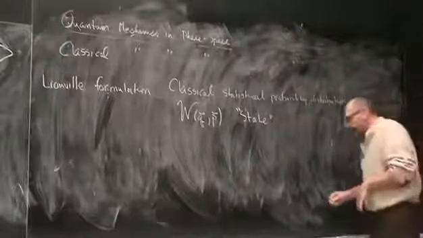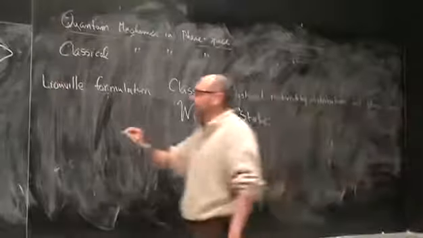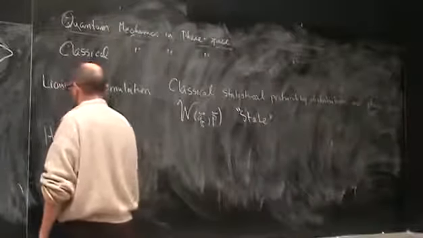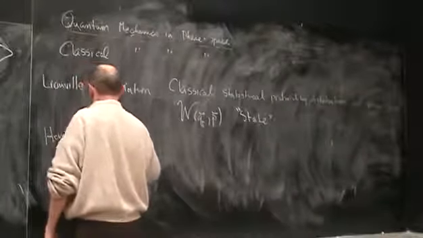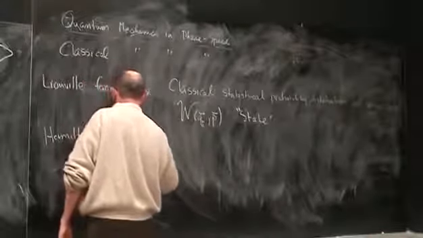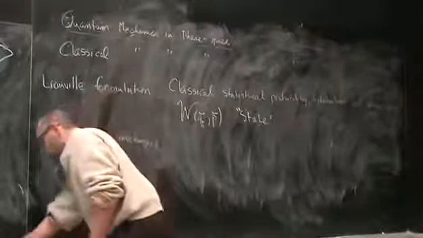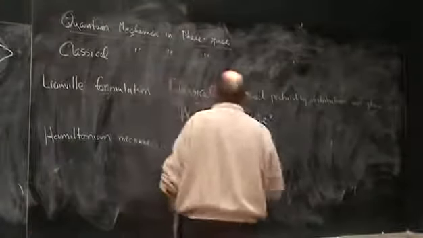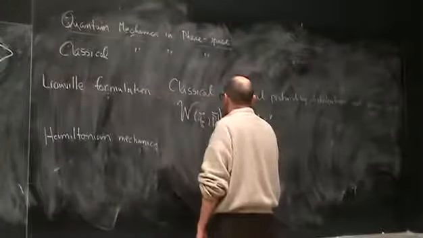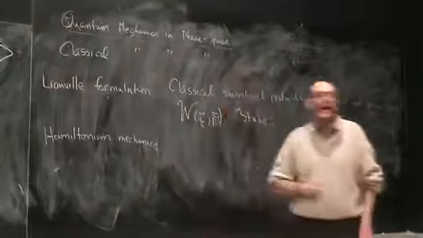In classical mechanics, Hamiltonian mechanics tells me how to evolve this state. So my state evolves as a function of time dynamically. And how does it evolve? Well, it evolves as follows.